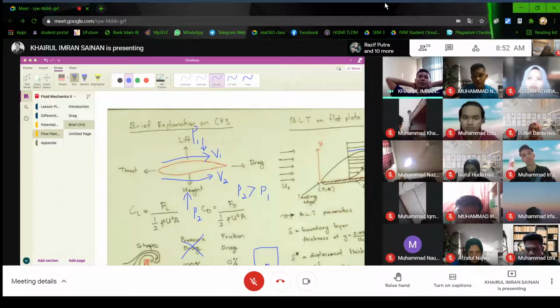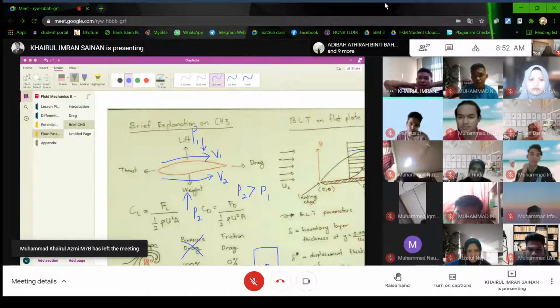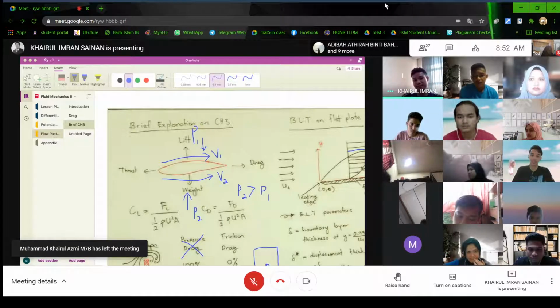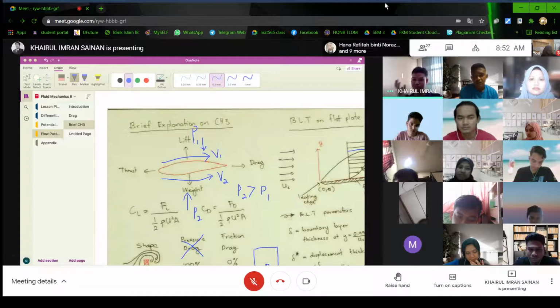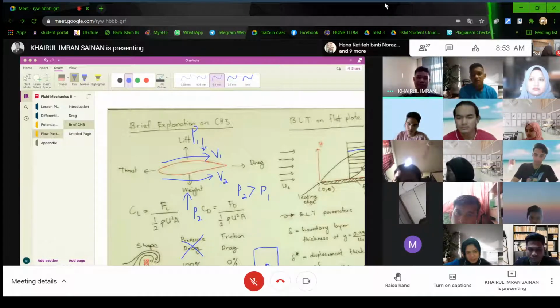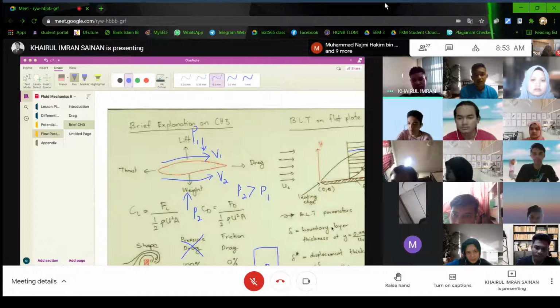So even though it is designed by humans, the brain of the human comes from Allah again. 250 ton of object can fly. So imagine that. Alright, we proceed.